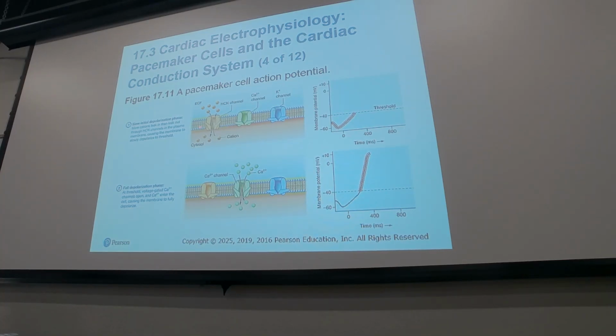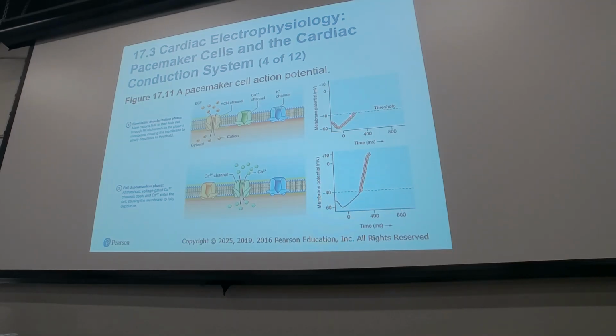So this represents the plasma membrane, and these are the channels in the plasma membrane. So we have the non-specific channel that allows sodium and potassium to come in. It's basically a cation channel. And then here we have the calcium channel and the potassium channel. So here you have your resting membrane potential, minus 60.